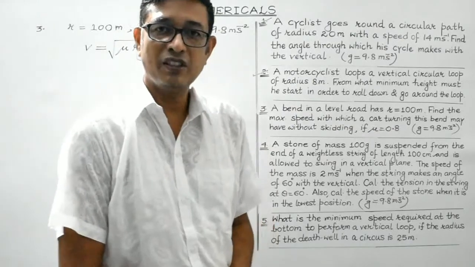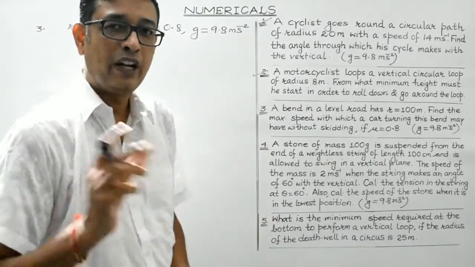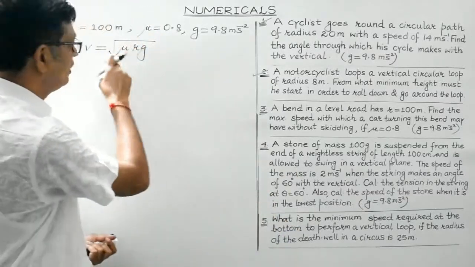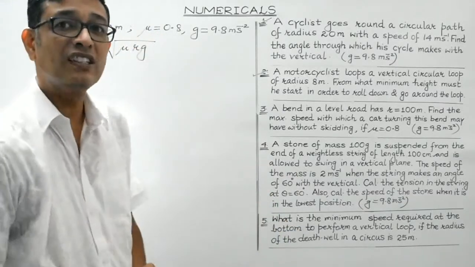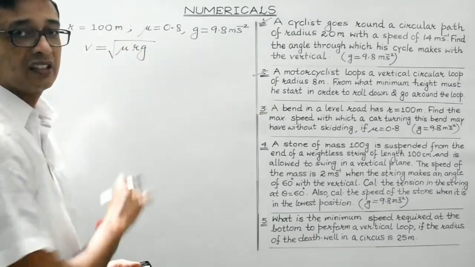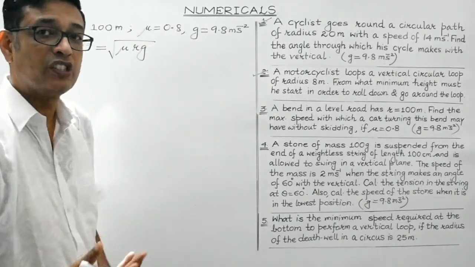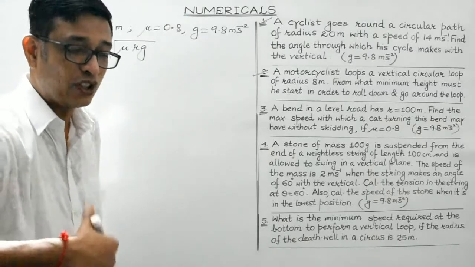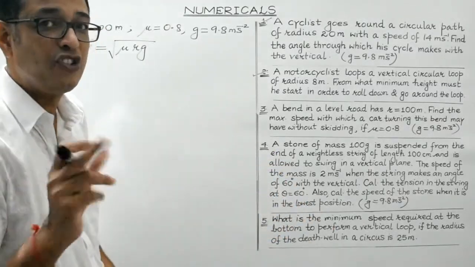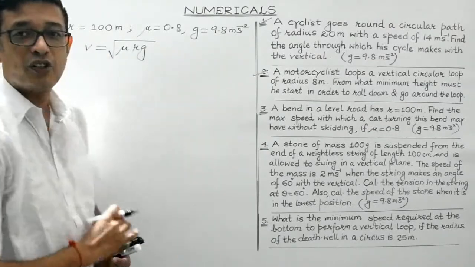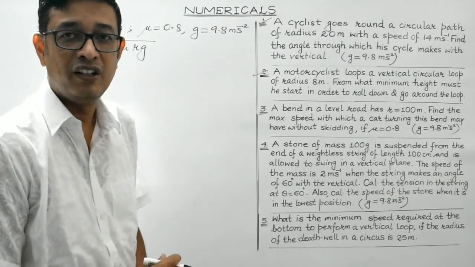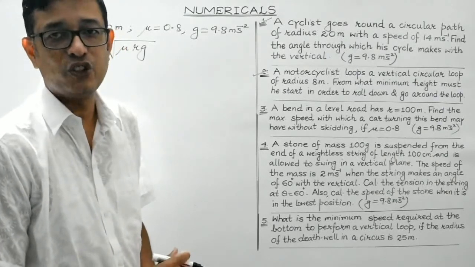In the description section, I will provide you the link of the previous lecture where we have derived all these expressions. Anyway, this is the formula obtained. The maximum velocity which a vehicle can possess while executing a circular turn on a level road is square root of mu rg. Mu is the coefficient of friction, r is the radius of the circular track under consideration, and small g obviously is the acceleration due to gravity.